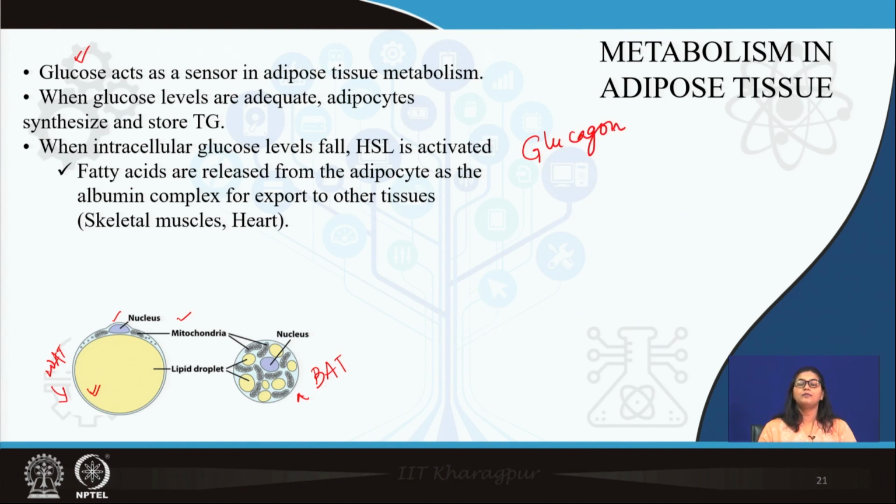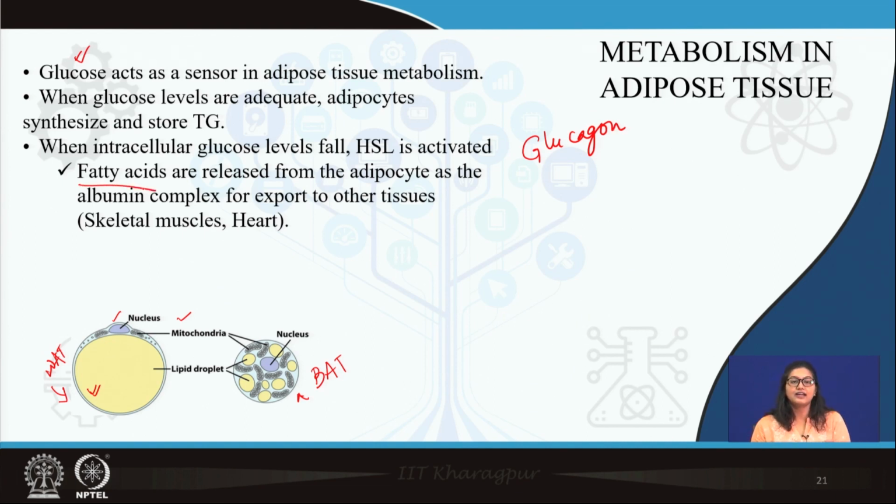Now hormone sensitive lipase, if you remember the function, it basically phosphorylates the perilipin, the outer layer of the lipid droplets, and that phosphorylation of perilipin makes the lipid droplet available to the lipases, and the lipases break the triacylglycerol to free fatty acids.